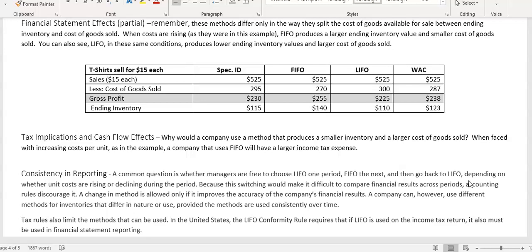But businesses should be using the same accounting methods and procedures from one period to the next, because that enables investors and creditors to compare a company's financial statements from one period to the next. Now, this doesn't mean that a company can't change its inventory method. However, they have to have a good reason to do so, and that means proving to the auditors that it would result in a better representation of the company's financial situation.